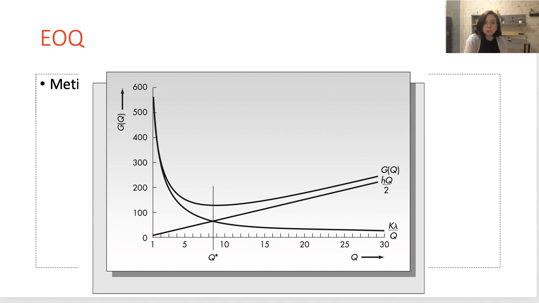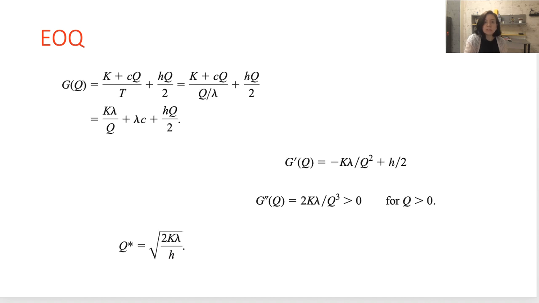To be able to show that it is a convex function, what we do is we take the first derivative of this function, and then we take the second derivative of this function. For any Q value greater than 0, we see that the second derivative is greater than 0, so we can say that it is a convex function.